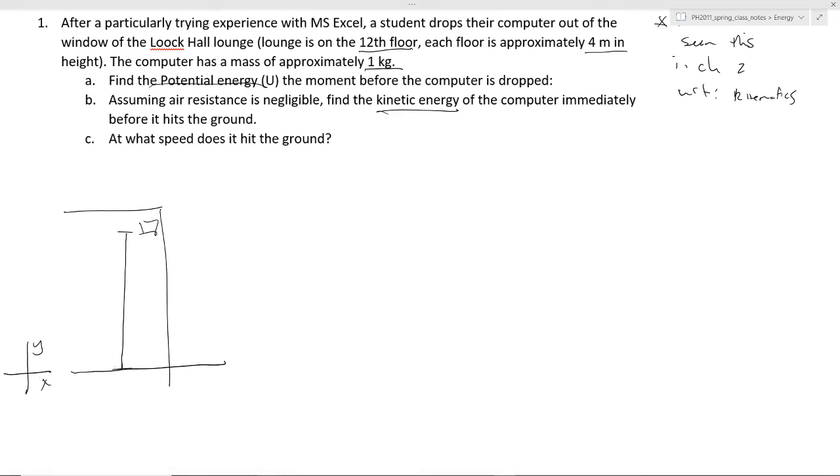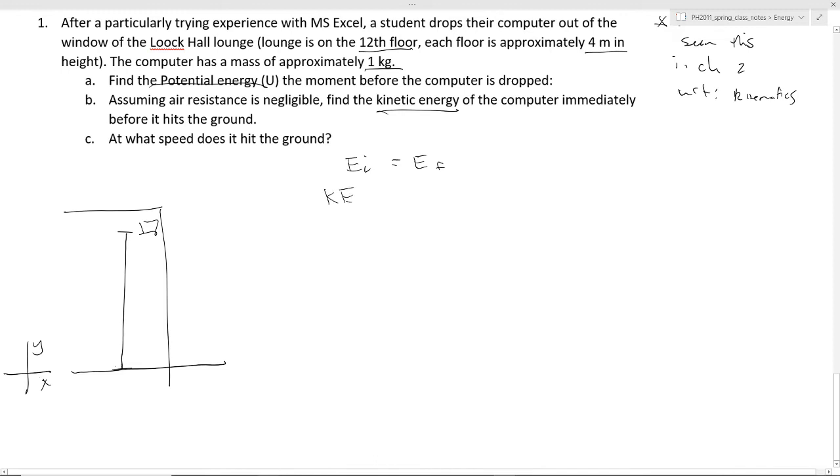You'd sum your forces and look for how that corresponds to mass times acceleration. For this situation, the starting point is energy conservation. So in other words, the energy initial is going to have to equal the energy final.